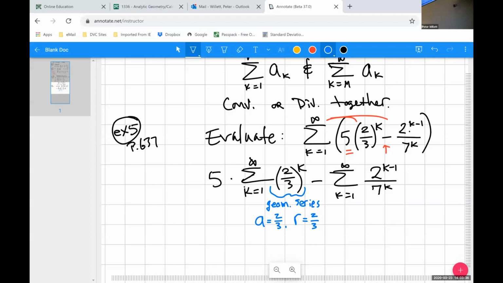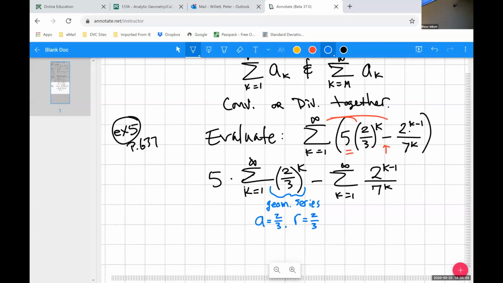So now what's going on in the one on the right over here? Well, you can see here also that the top, you just have an increasing power of 2. And the bottom, you just have an increasing power of 7. That means each time I move on to the next term, I get multiplied by 2 on the top and 7 on the bottom. So the whole thing is just multiplied by 2/7.